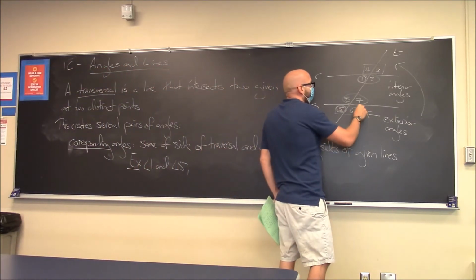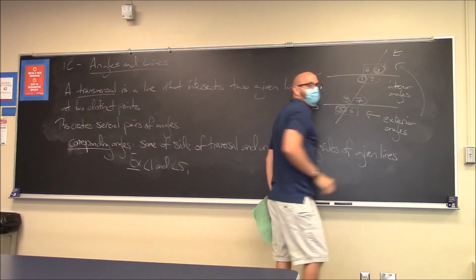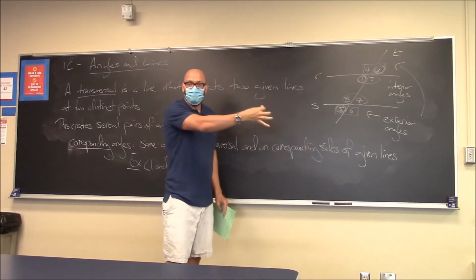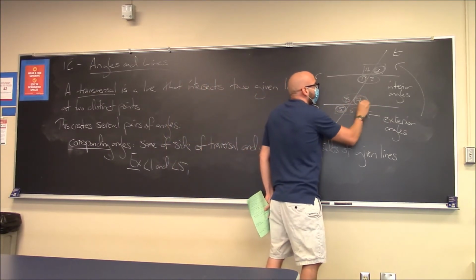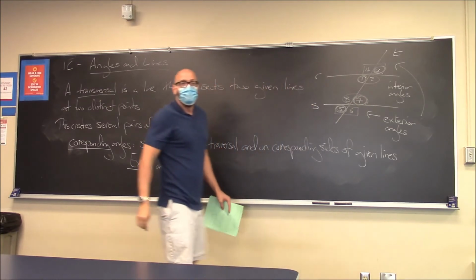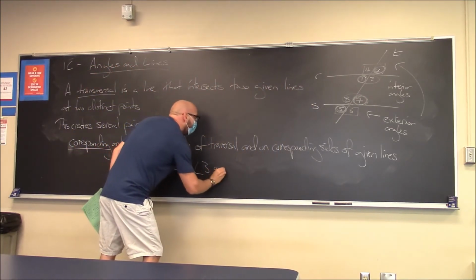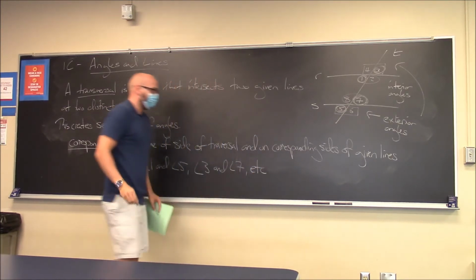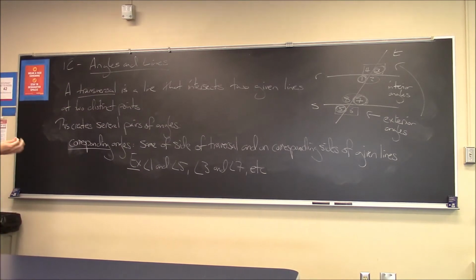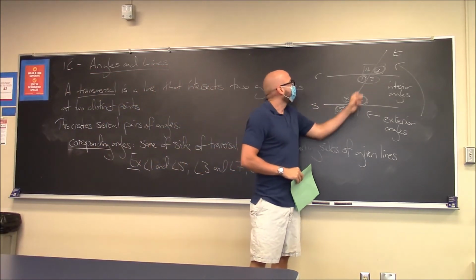And we'll just do one more pair here. There's of course 4 of them, but how about angle 3? That's above my first given line, so I'm going to look on the same side of my transversal and above the other line. So angle 3 and angle 7, those are corresponding angles. There's 2 more pairs there: 2 and 6, and 4 and 8.